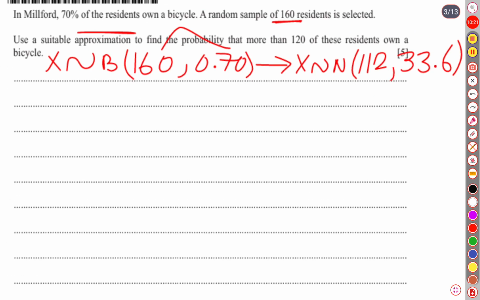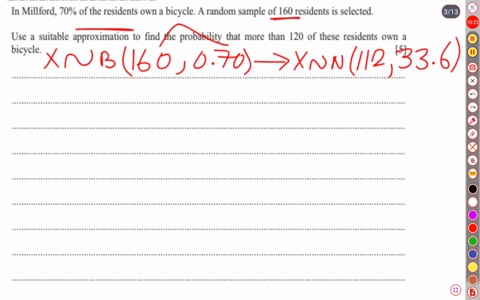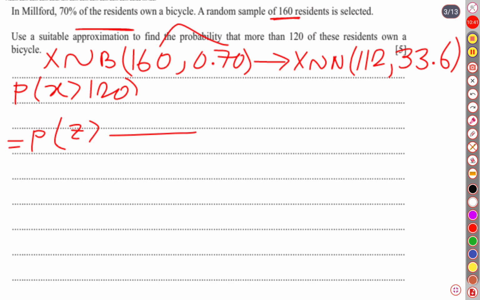Well, now we will have to find our probability. Let us write the probability of X greater than 120, more than 120. We are going to standardize the score. Z is greater than 120 minus... Now here is the most crucial point of the solution.